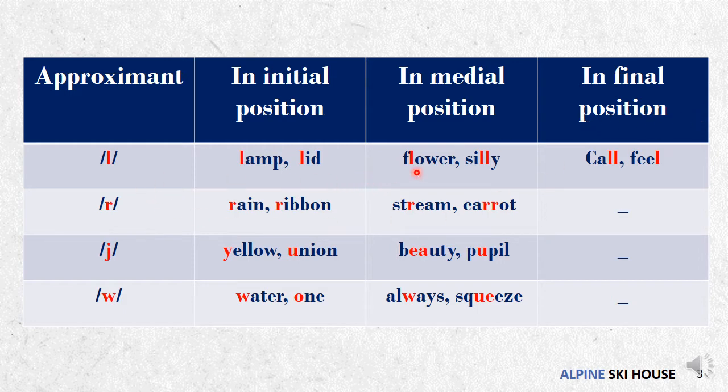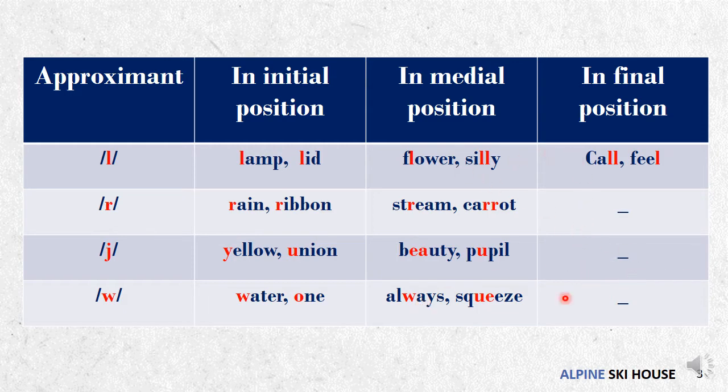So flower is in the medial position, the L sound. Stream or carrot, R, is in the medial position. And pupil, which I already said, Y, is in the medial position. And W, always, W sound, is in the medial position. Rarely we have final position.